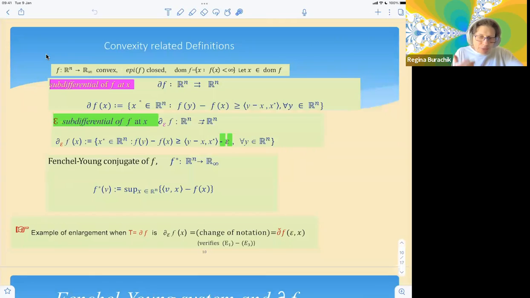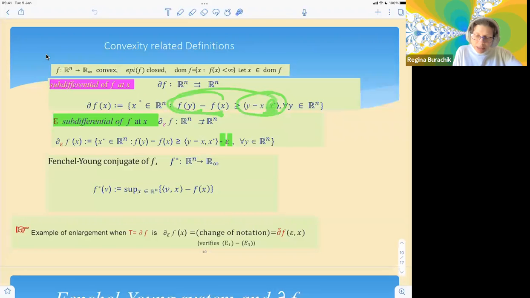And a very important definition of enlargement corresponds to the epsilon subdifferential. So remember that the epsilon subdifferential is defined in this way. Out of all those linear maps, take those such that when you compare the increment of the function from y to x, it's always above the increment of the corresponding linear function induced by x star.